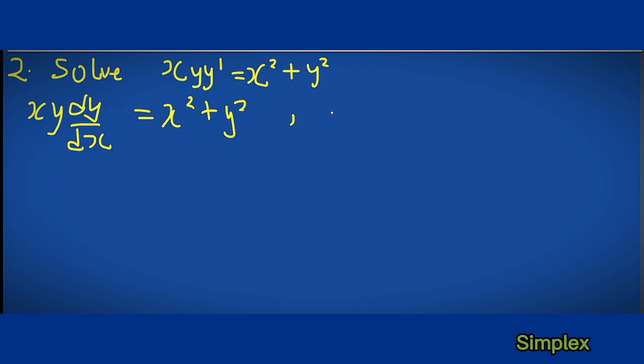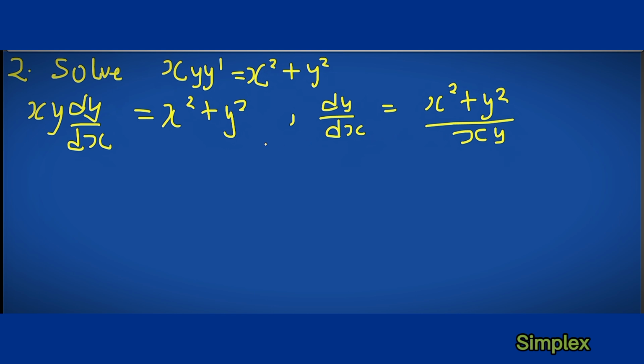Dividing both sides by xy, we have dy/dx is equal to (x squared plus y squared) over xy.